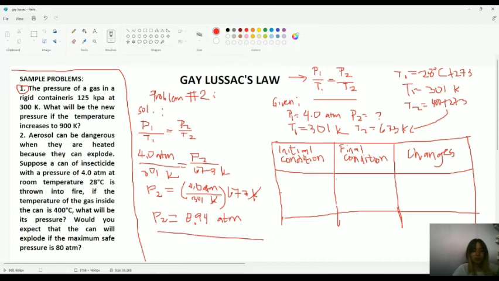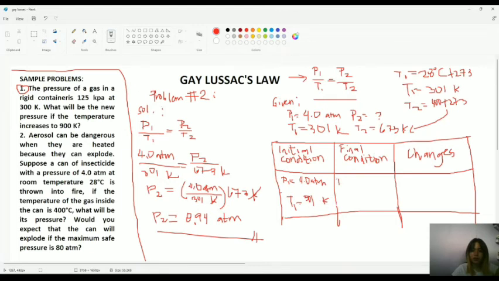So, we have now our final pressure, that is 8.94. So, lagay na natin siya sa table para ma-determine yung changes on pressure and temperature. Sa initial condition, may value tayo sa initial pressure na 4.0 atmosphere, and sa initial temperature merong 301 Kelvin.